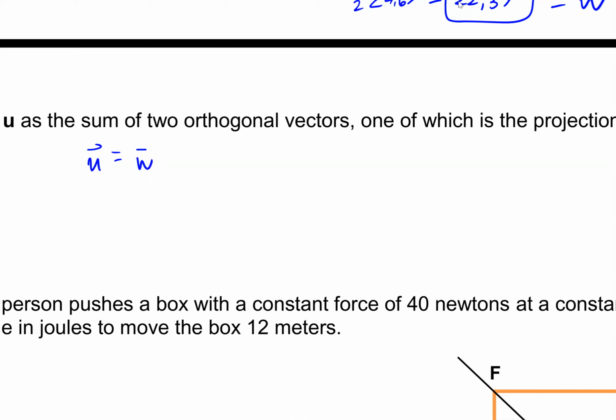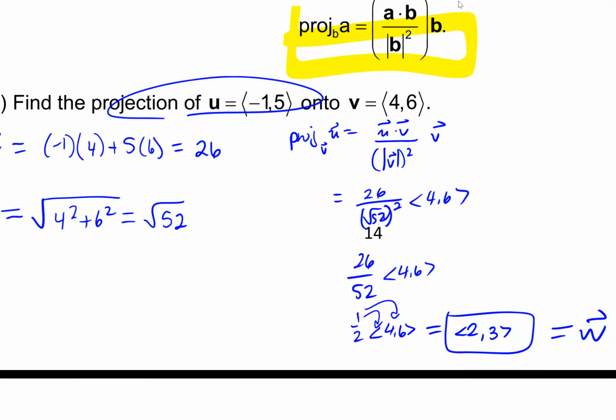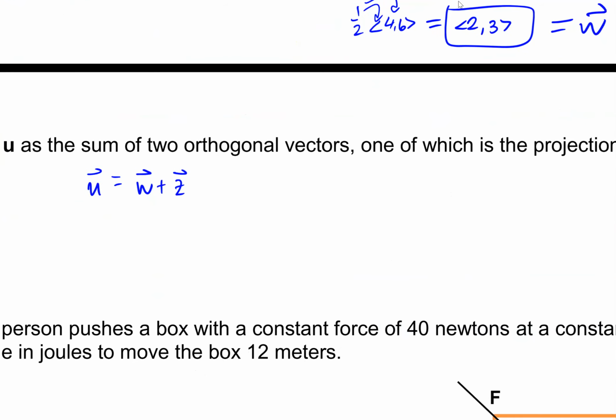One of them is W, and I'm going to name my other one Z. I know U is -1, 5, and vector W is 2, 3. Then I need to find my vector Z, so I'm taking my vector U and subtracting vector W, and that will be my vector Z.